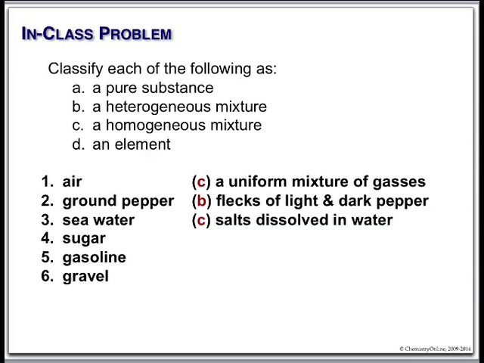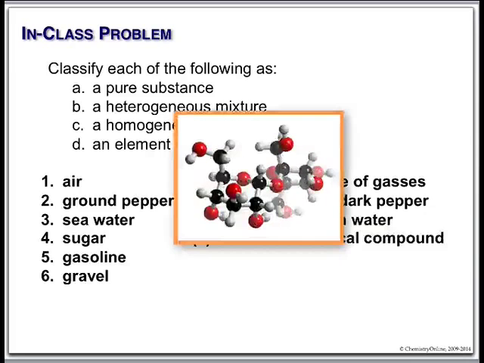Every sugar molecule has exactly the same structure. It is a pure substance. Contains carbon, hydrogen, and oxygen, 3 different elements, but they're always the same. Therefore, it is a pure substance.